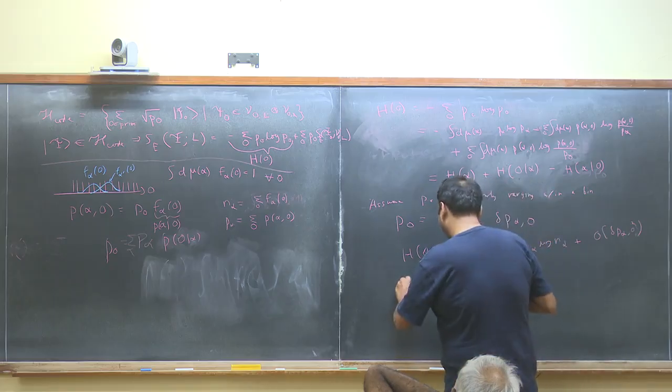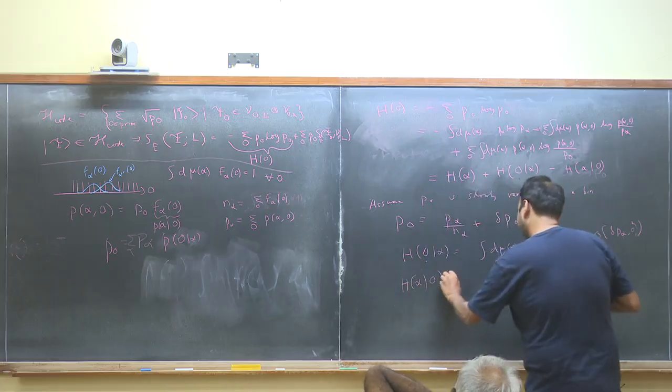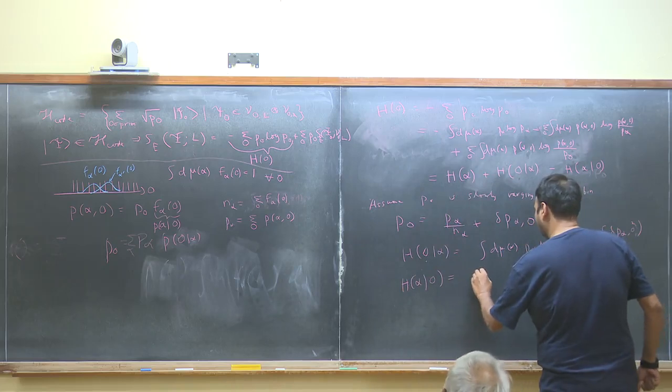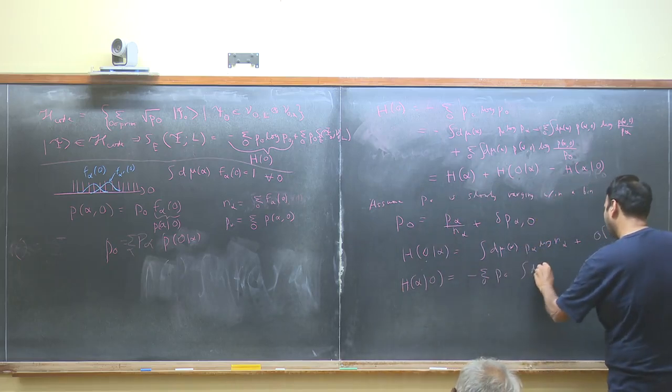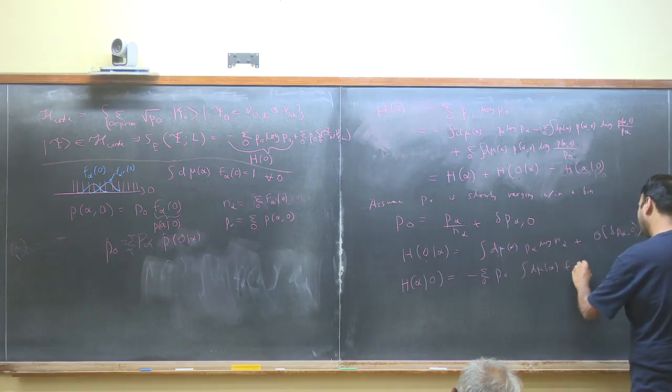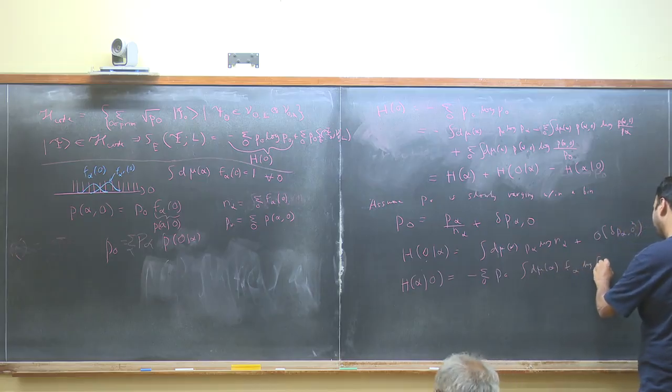And h alpha of O given O is just going to be minus the sum over O p O integral d mu alpha f alpha log f alpha of O.